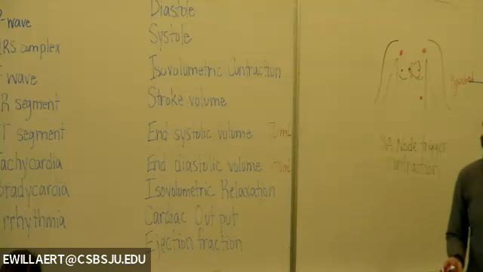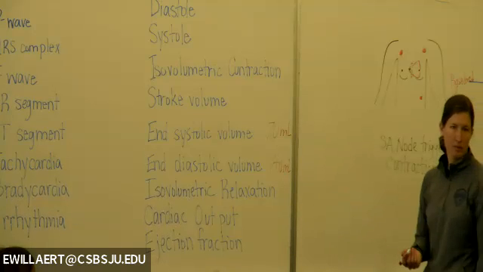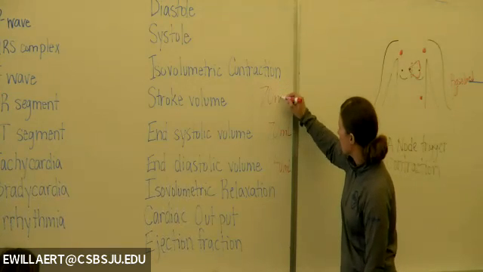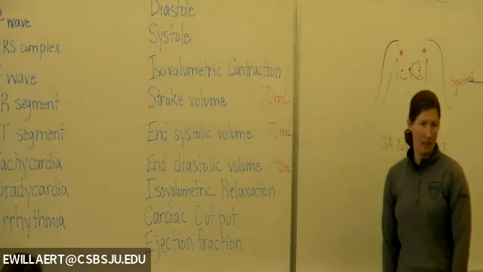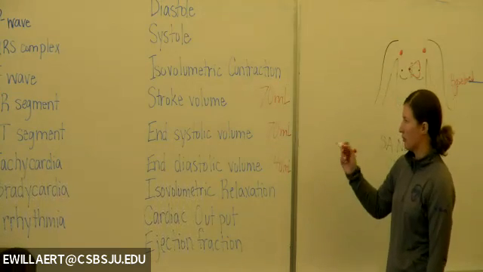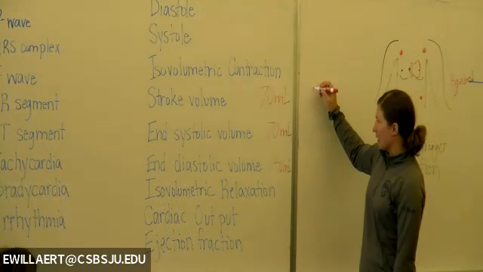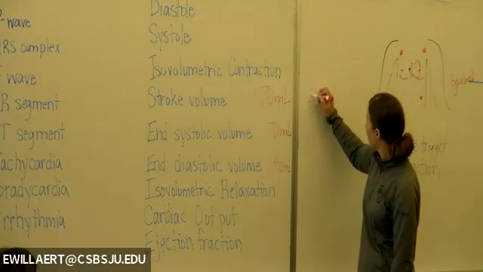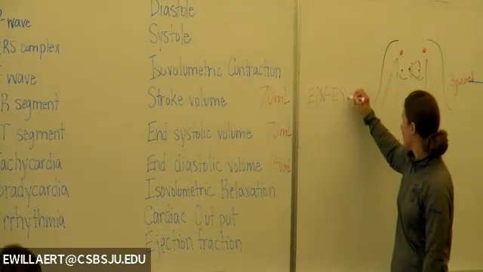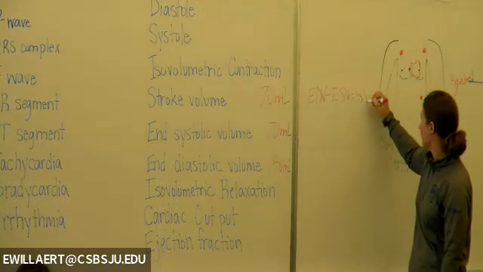How much blood was pushed out? 70, okay? So we had a stroke volume of 70 milliliters, okay? So end diastolic volume minus end systolic volume is going to equal stroke volume.